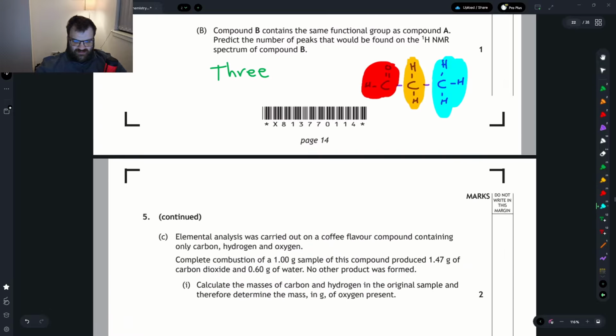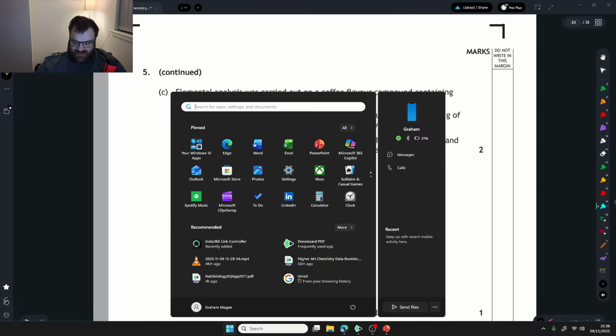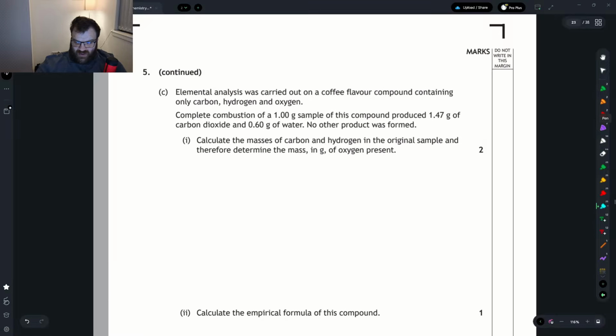For that one, moving on to elemental analysis, we are trying to work out what is the makeup of the chemical we are dealing with. We are completely combusting 1 gram of the sample, carbon, hydrogen, and oxygen. Okay, so first thing we do is start with each of the products.